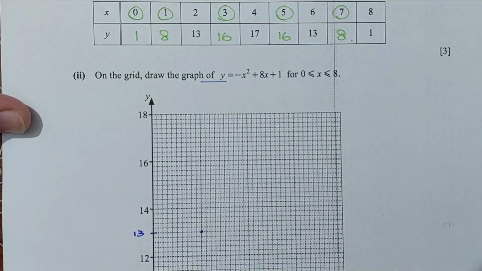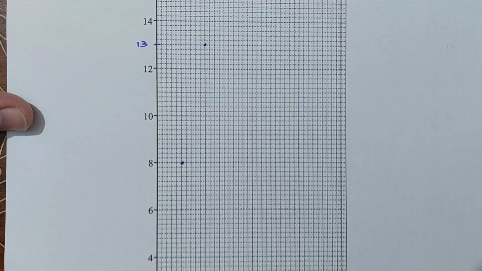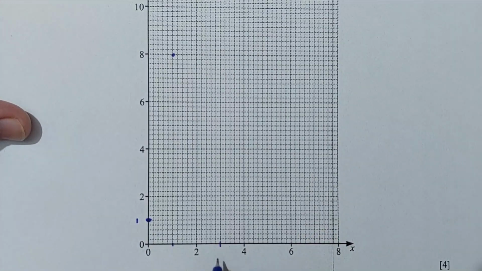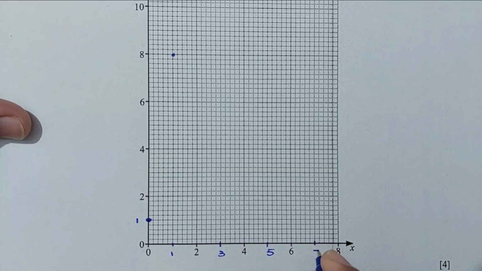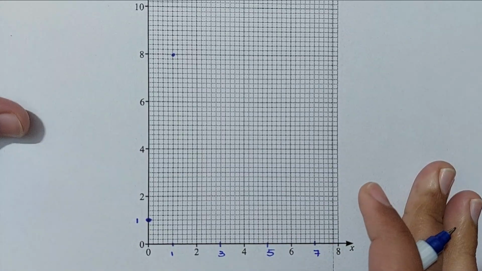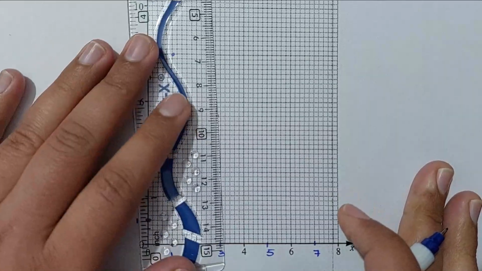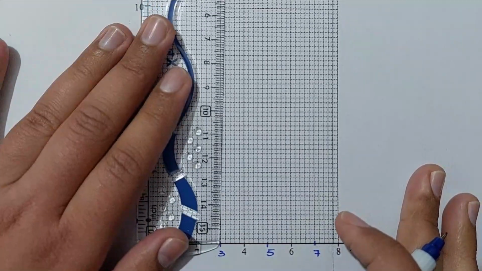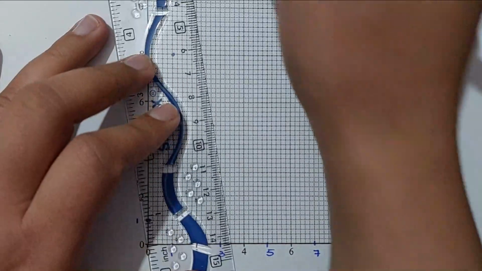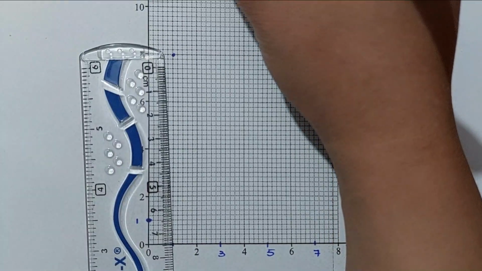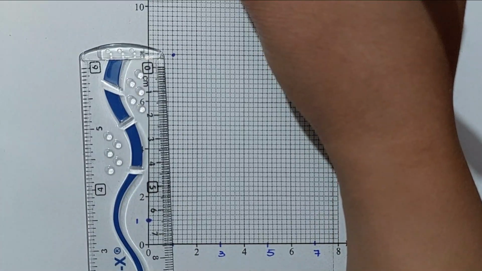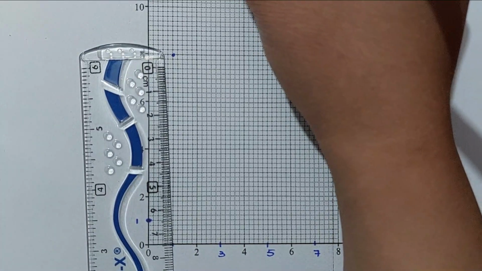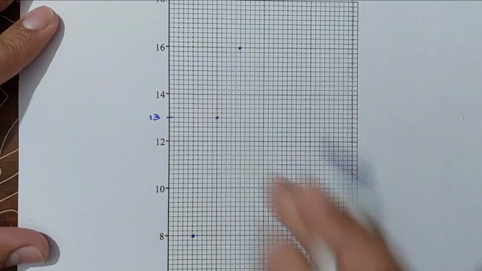The next is for 3, it is 16. When x is 3, it is in the middle. Y is 16. This is a point for 16.